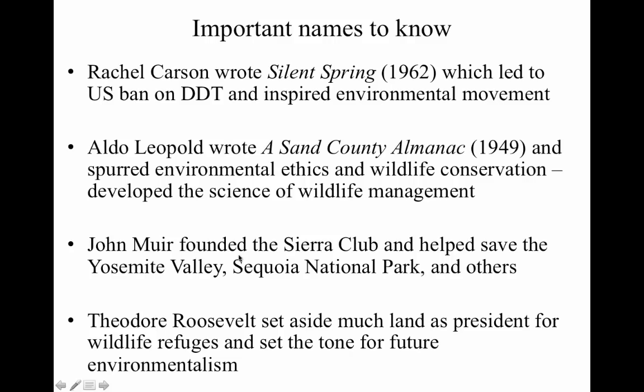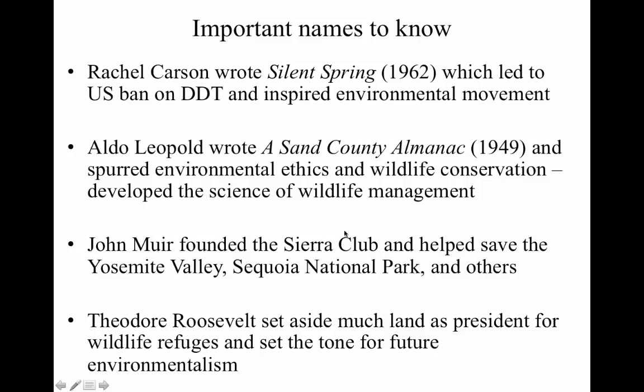So some important names. One was mentioned earlier, Rachel Carson. She wrote the book Silent Spring, which led to the U.S. ban on DDT. Aldo Leopold wrote a book in 1949, and he was one of the names, along with John Muir. These 2 are really credited with making the nation more concerned about wildlife.